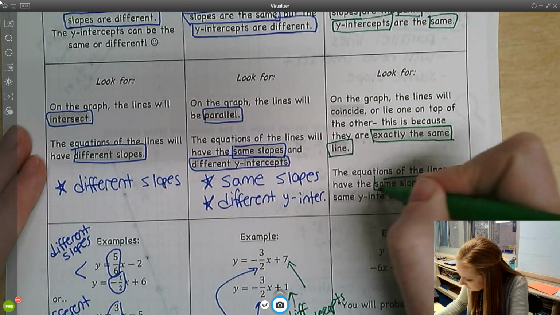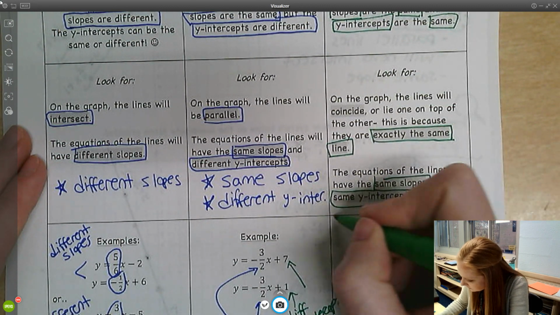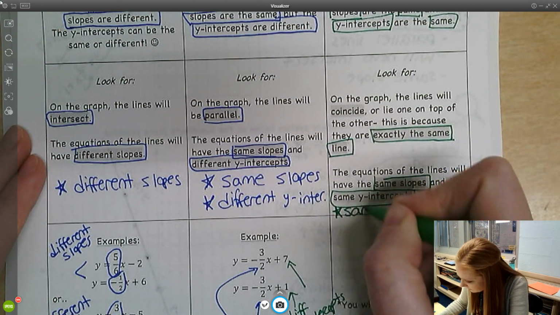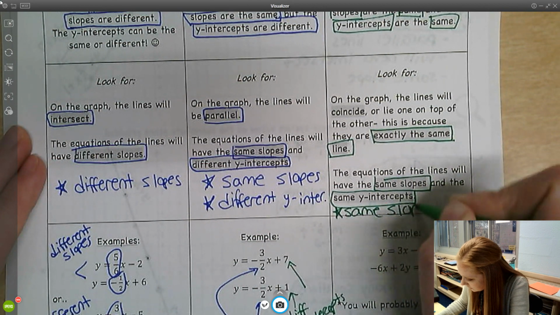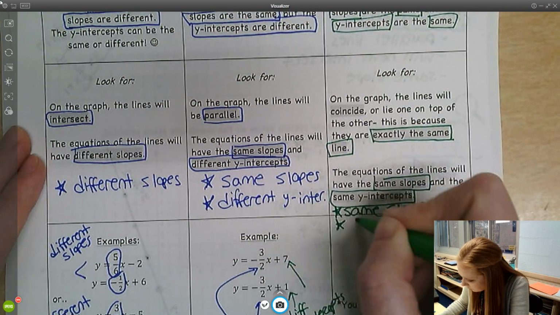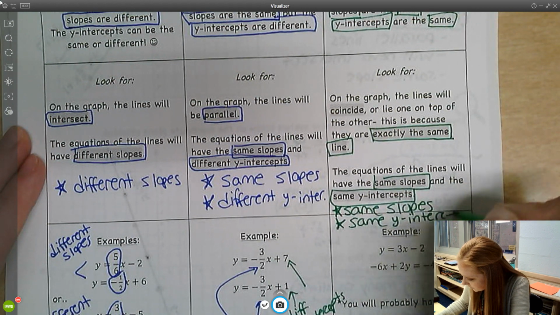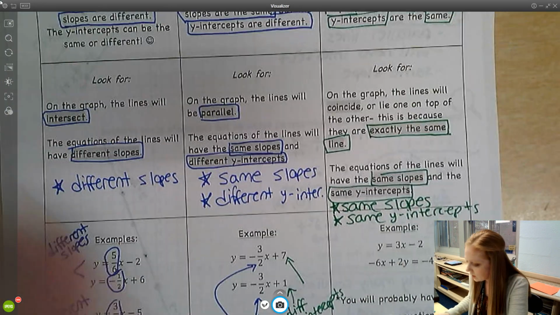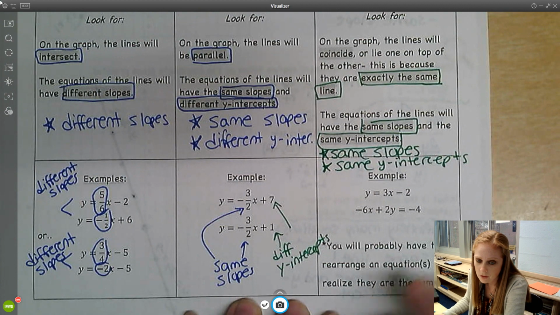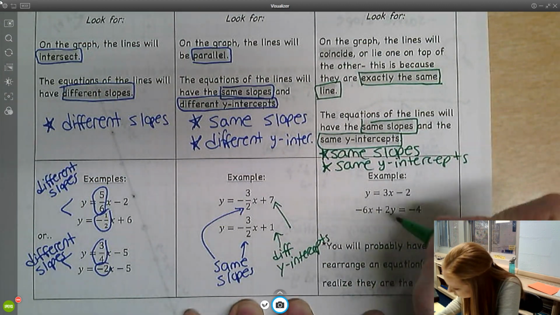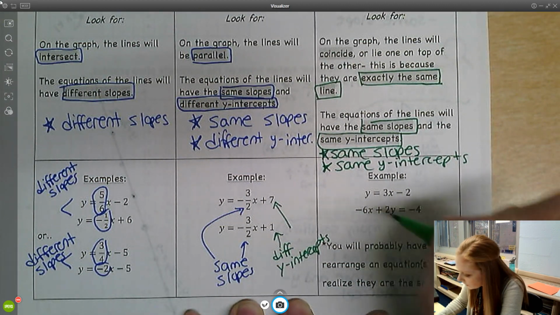Same slopes, same y-intercepts. Let's emphasize that. They're the same line. So here's our example. You're going to have to rearrange the equation to know that it's the same. This is the one we did before.